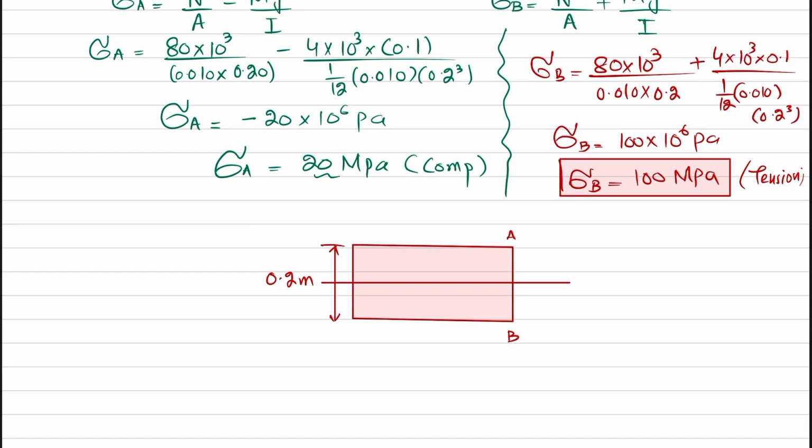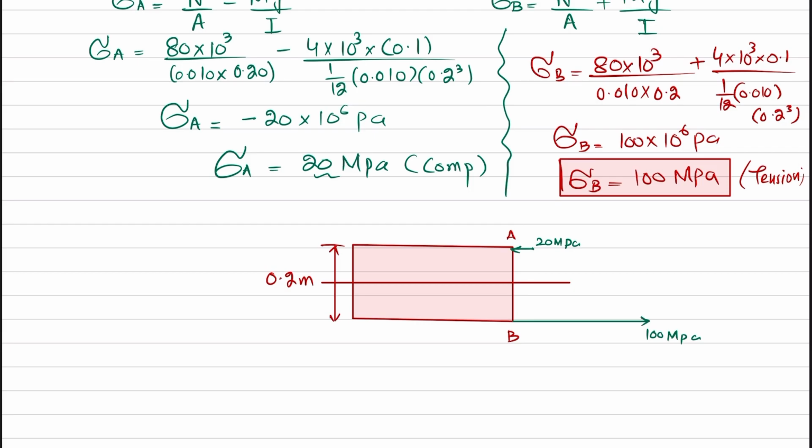So this is the magnitude of 20 megapascal. And at B, we have 100 megapascal. So this is 100 megapascal. The upper one is in compression and lower one is in tension.